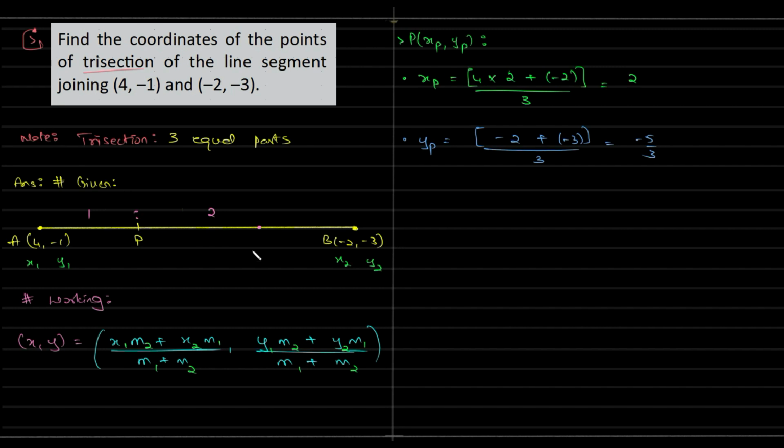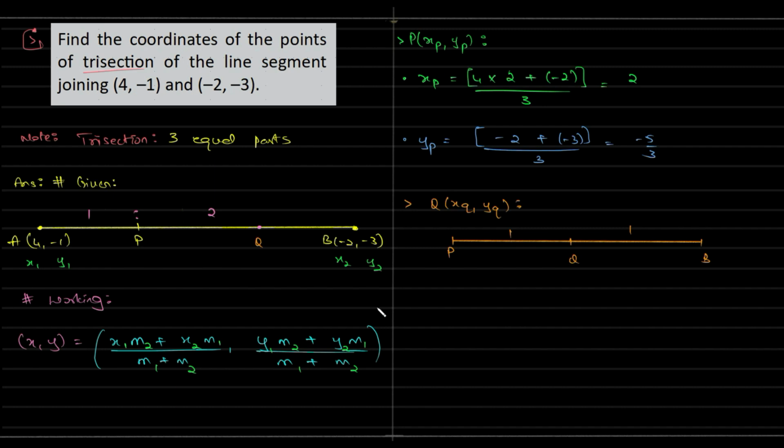Next is the point Q. So for point Q, (xQ, yQ), I have an idea. I'll draw a line. I'll take point P and I'll take point B. Point Q will divide this in the ratio of 1:1.